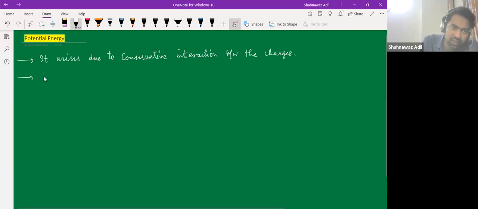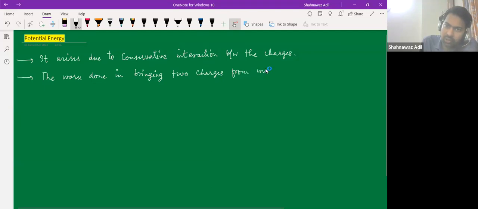It is the work done in bringing charges from infinity to different fixed points, right?